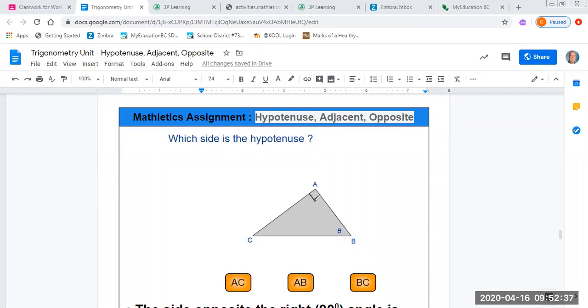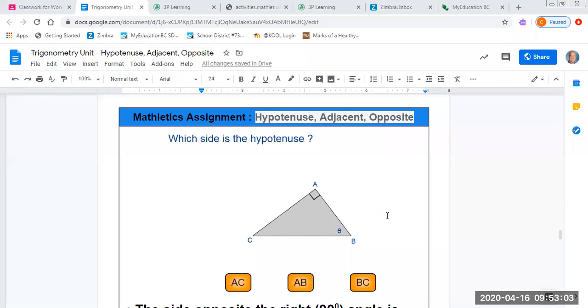The hypotenuse is always opposite of the 90 degrees, which is indicated by this little line here. Directly opposite, straight across from that, is BC, so the answer here is this one. Hopefully that makes sense. The hypotenuse is very simple to determine and to find.